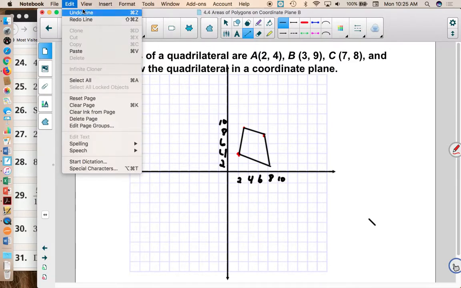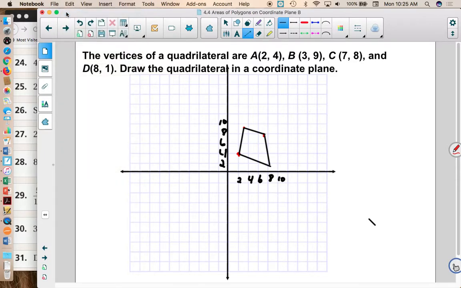Does your shape look similar to mine? Yes. Okay?